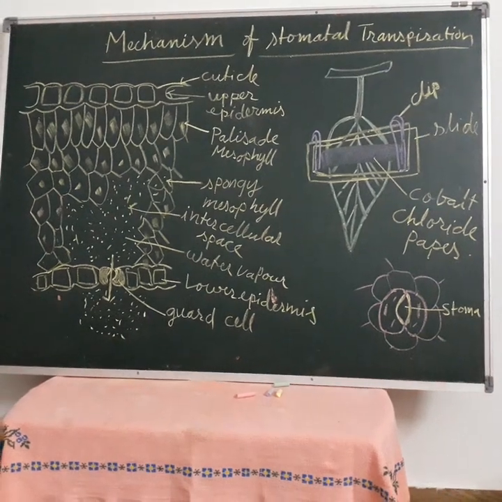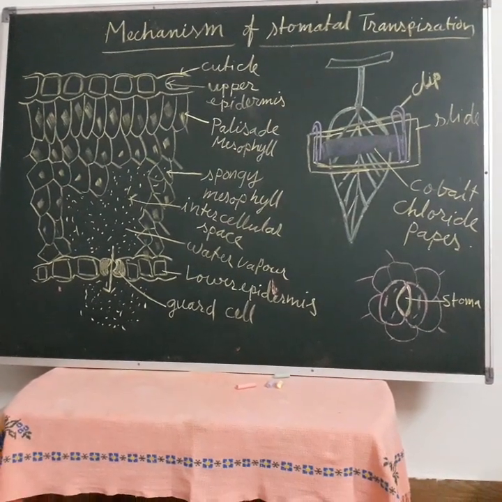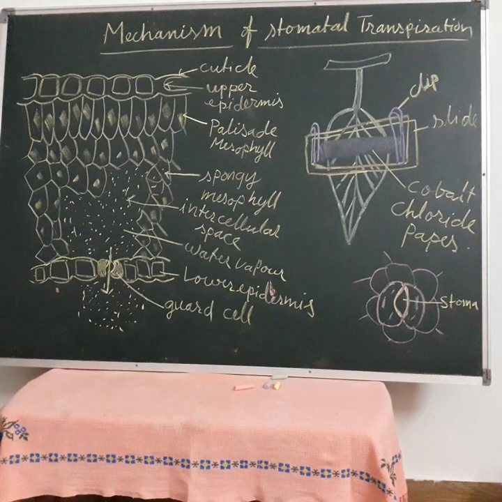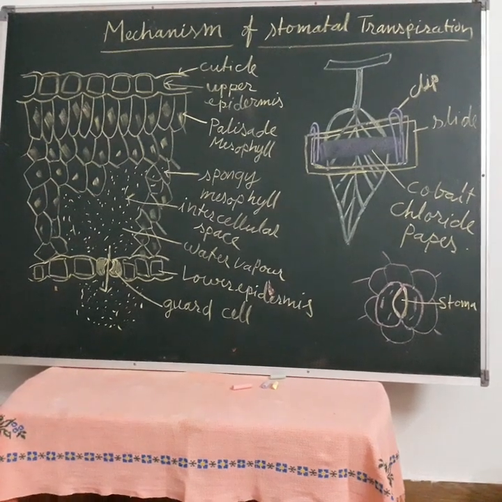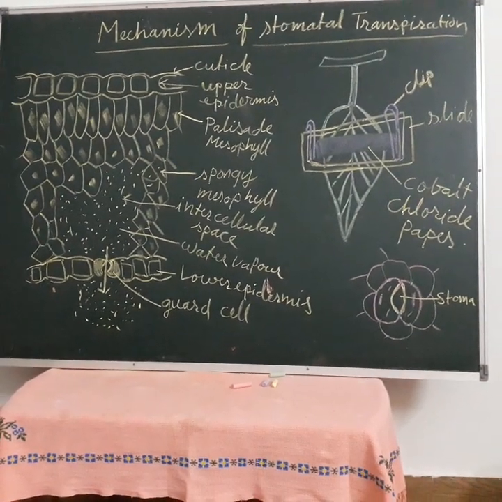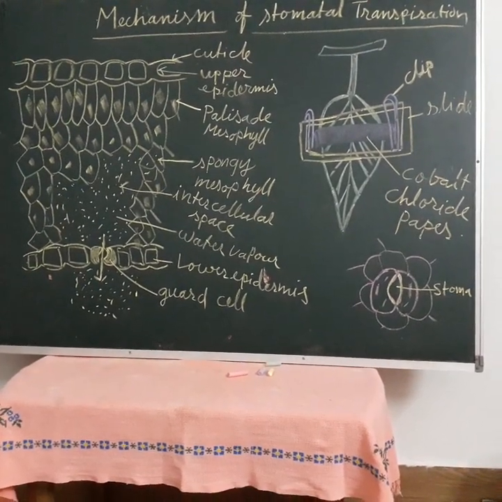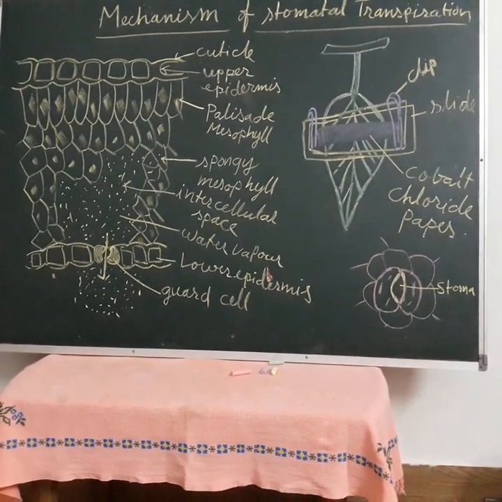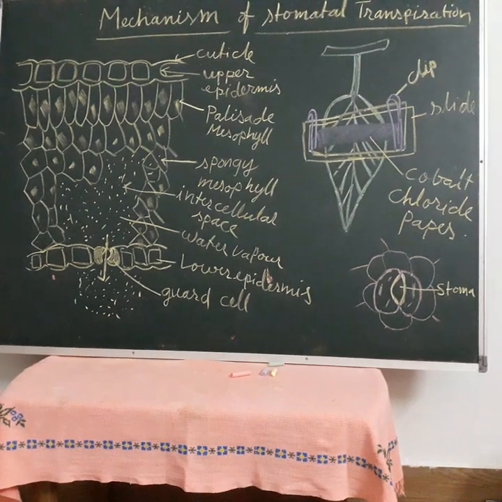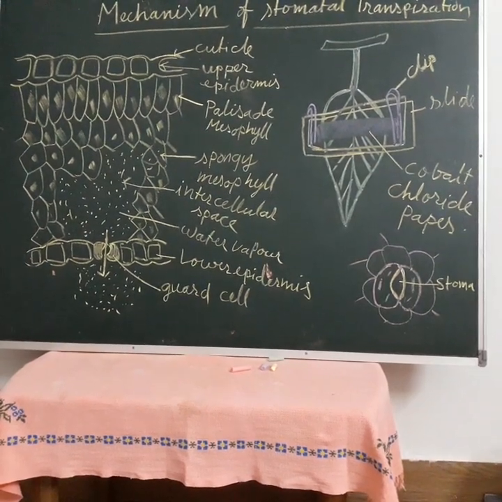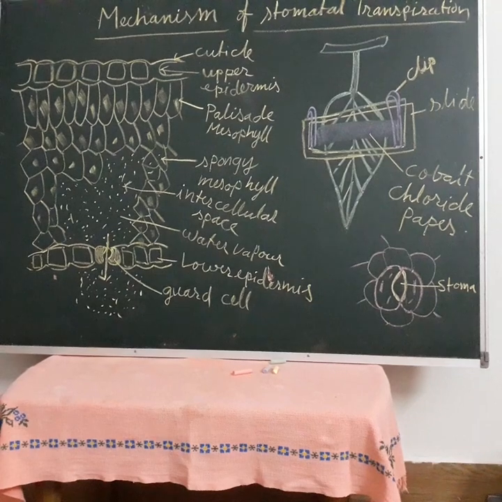Next, we'll see the kinds of transpiration. There are 3 types of transpiration: stomatal transpiration, cuticular transpiration, and lenticular transpiration. First we will see about the mechanism of stomatal transpiration.